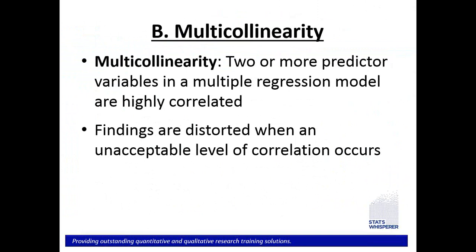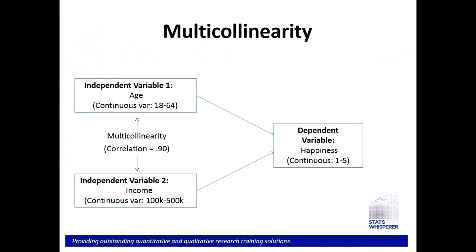Multicollinearity. Okay. Two or more predictor variables in the multiple regression model are highly correlated, right? Findings are distorted when there's an unacceptable level of correlation. Now, what does that all mean? So, suppose we had two predictors of happiness.